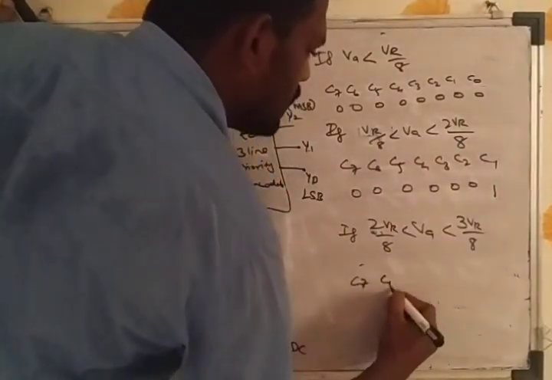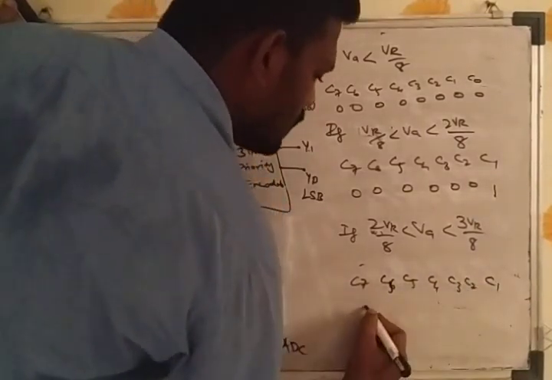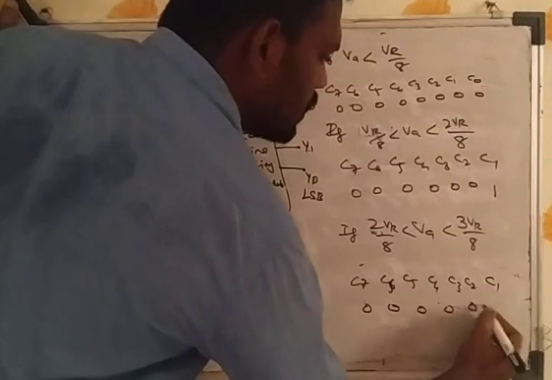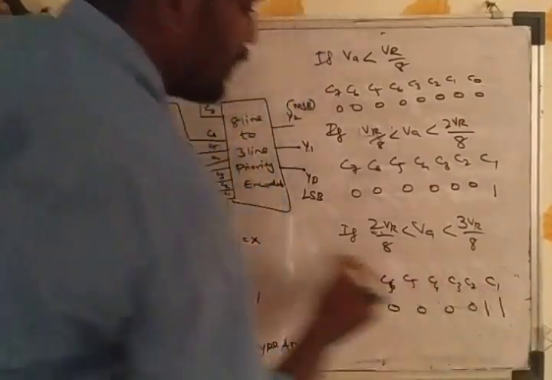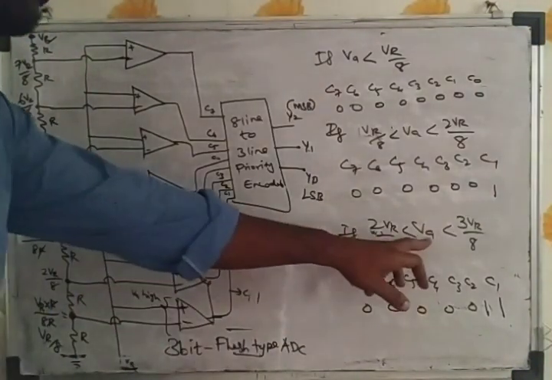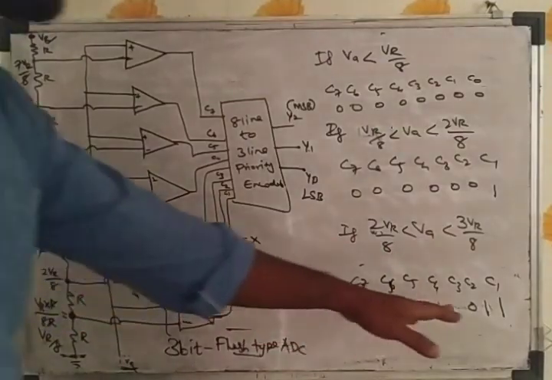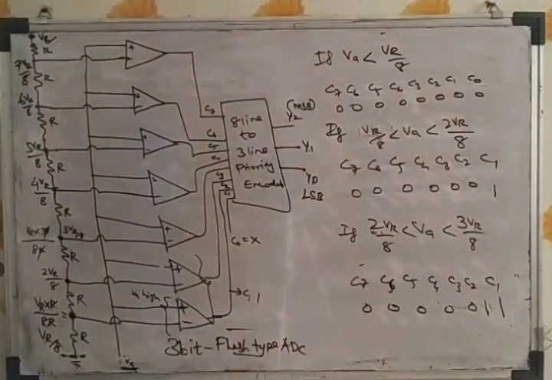So C7, C6, C5, C4, C3 are 0 0 0 0 0. Here also you have 1 and 1. Similarly, if the input voltage increases, the corresponding comparator output will be high.